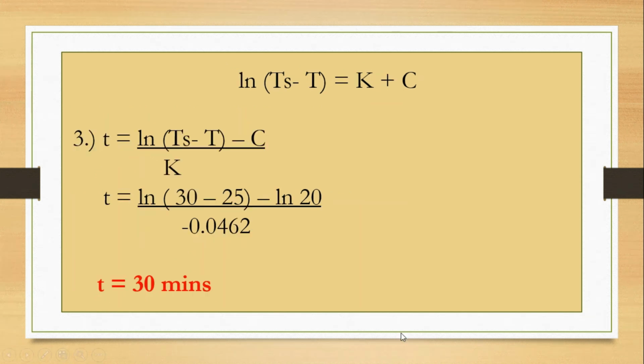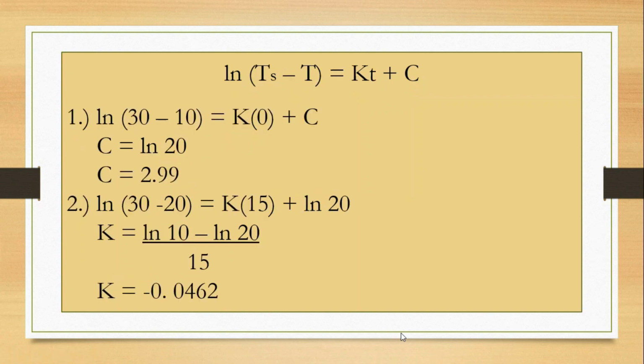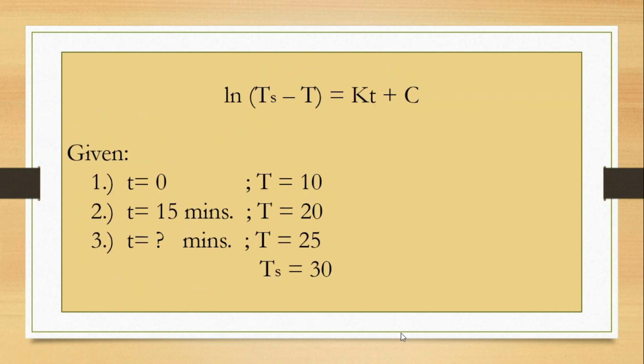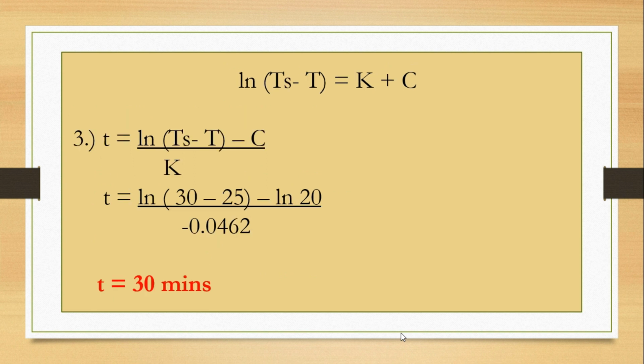Now for our third condition, we need to determine the time. So t is unknown and the temperature is 25 degrees Celsius. We need to determine how long it is required to obtain a temperature of 25 degrees Celsius. From the equation, we now have t is equal to ln of the temperature of the surroundings minus the temperature of the object, minus c, all over k.